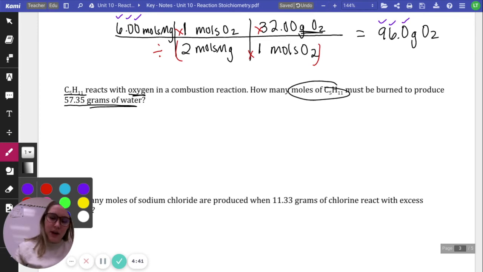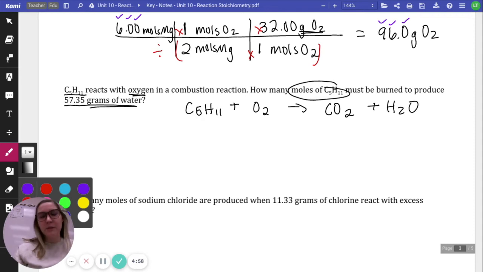It's a combustion reaction, so I know my products. I have C5H11 plus O2 yields CO2 plus H2O. Because it's a combustion reaction, it always has those same two products.